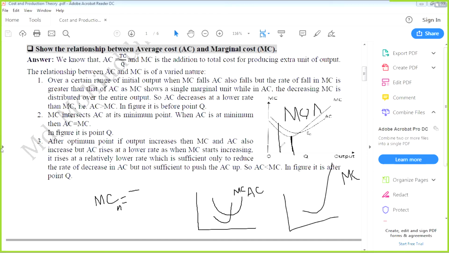If I take this level of output, is it clear or not? So here both are the same now. Marginal cost and average cost, do they fall at the same rate? No, both are not the same.